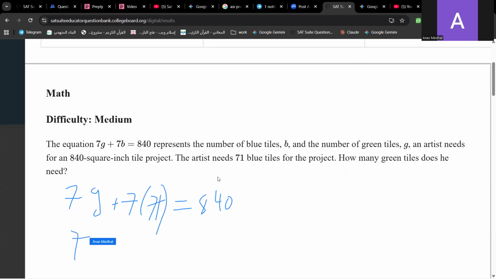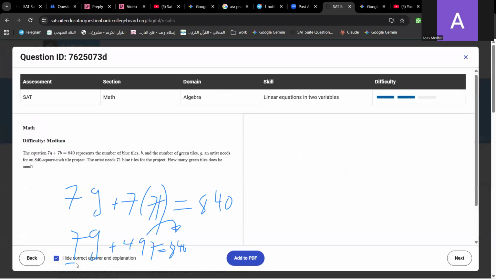So 7g plus 497 equals 840. Shift this to the other side and divide by 7. The answer is 49.